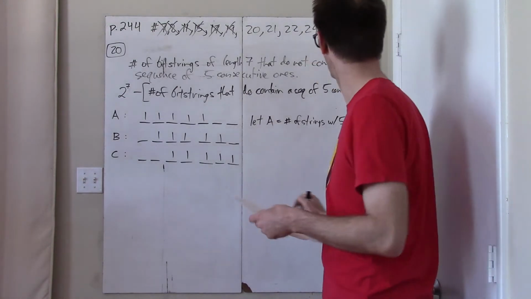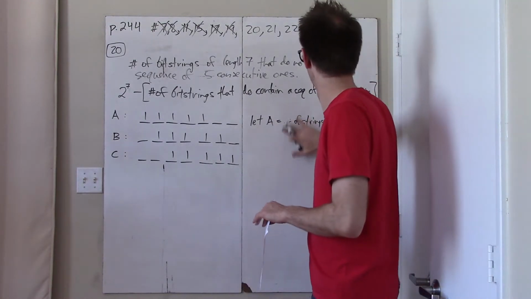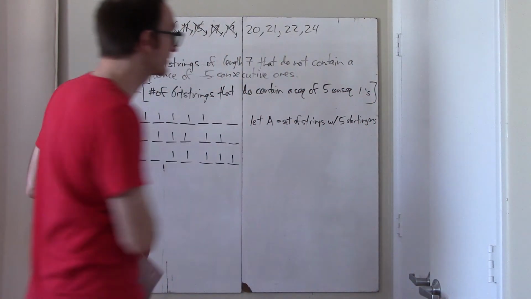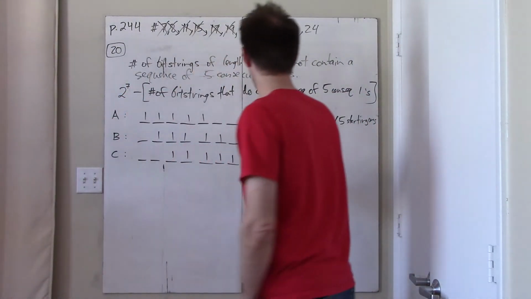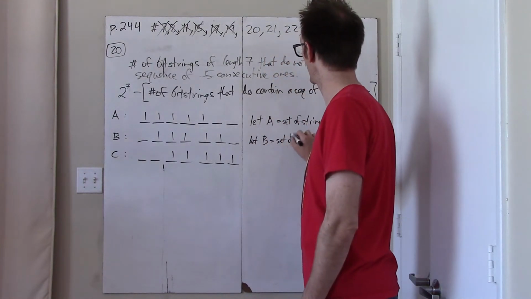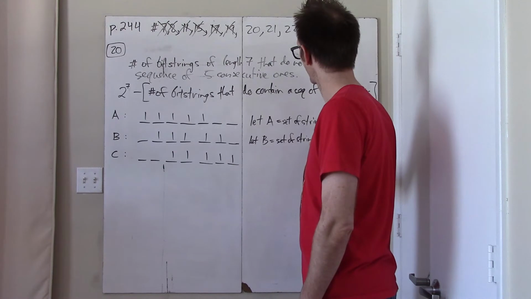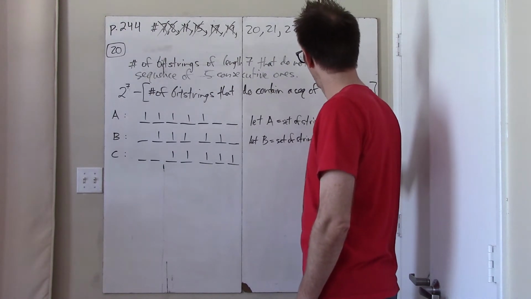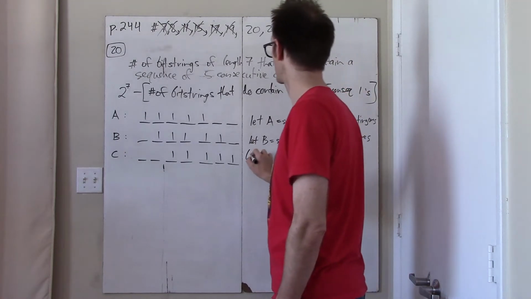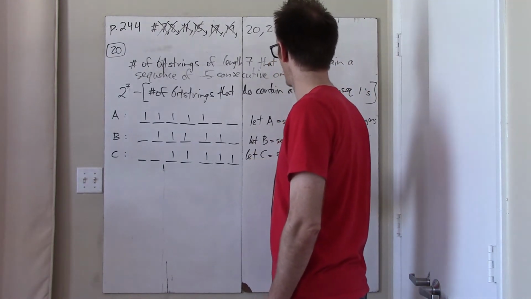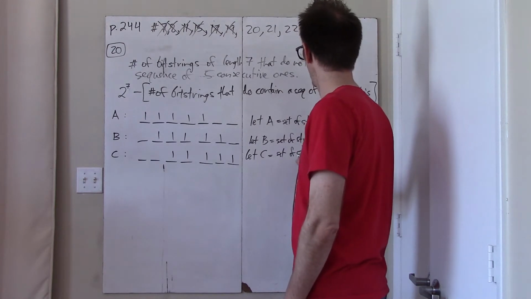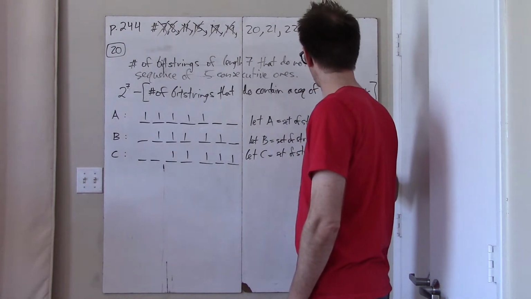Or maybe I want to let A be the set of strings, just to match my old notation. So let A be the set of strings with 5 consecutive starting ones, let B be the set of strings with 5 middle ones, and let C be the set of strings with 5 final ones.